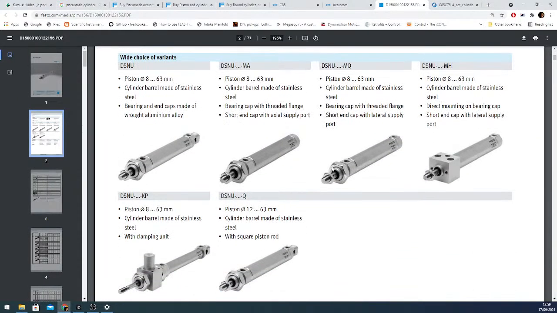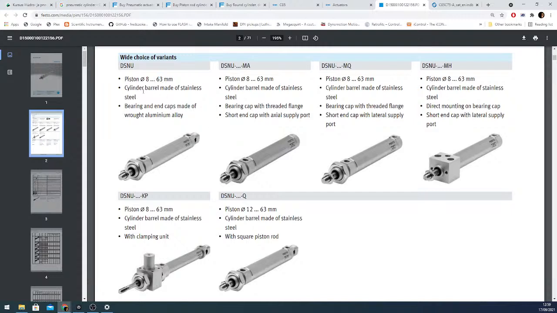From this page we can see the piston, how it looks like and what kind of parameters it has. The main parameters here are the piston size. So the diameters range from 8 millimeters to 63 millimeters for these cylinders.